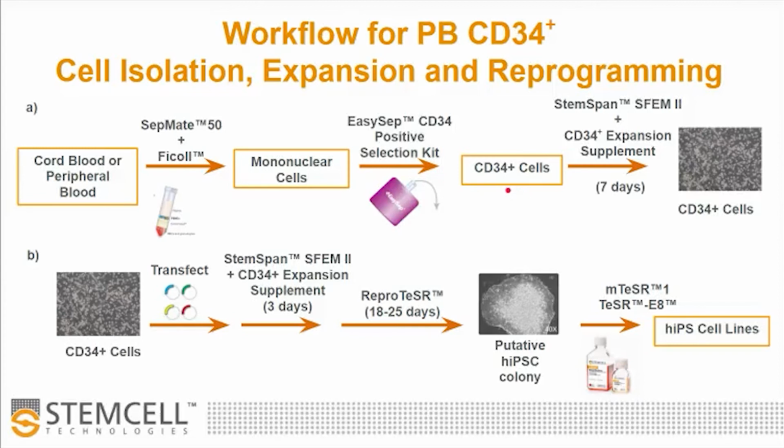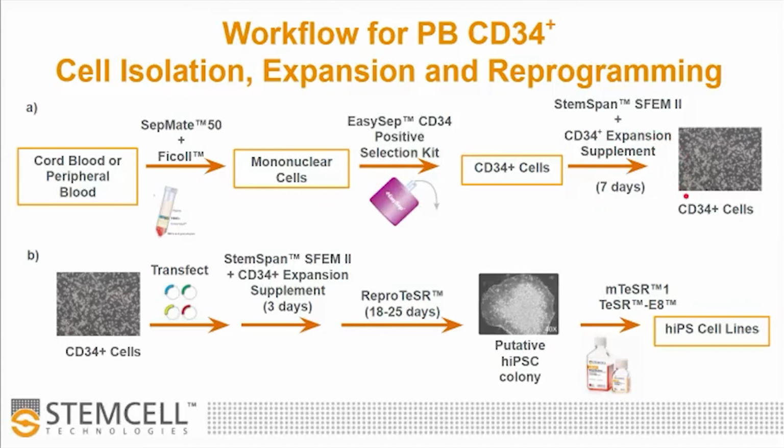So those CD34 positive cells that we get after this, there's still not enough of them to do a reprogramming experiment with. So what we recommend is that you should expand those CD34 cells using our StemSpan SFEM II medium with our CD34 expansion supplement for 7 days.